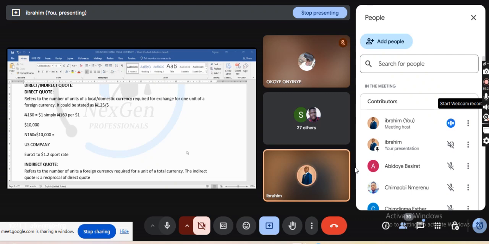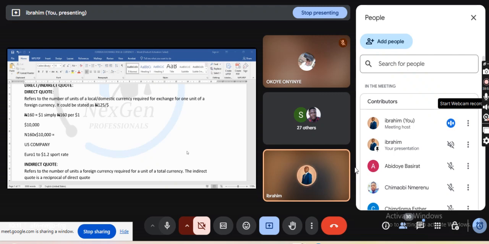The question you should now ask yourself is, what is the conversion as at today? Let's say the goods that you want to buy cost $10,000.